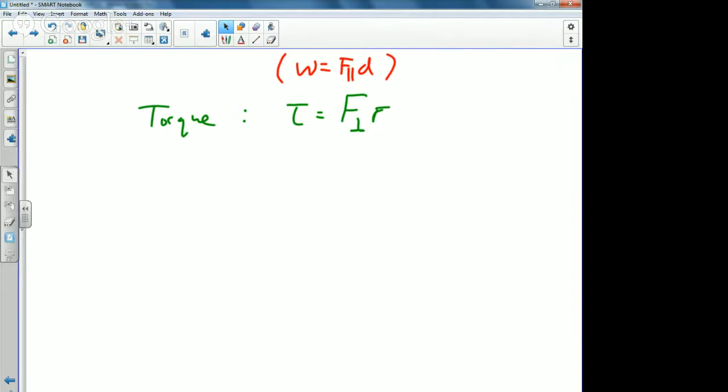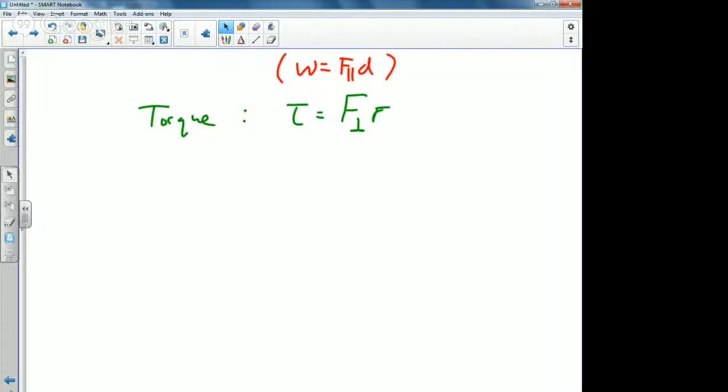Think about that. Here's my door, here's my radius. If I push with a force parallel to the radius, is it really going to rotate at all? No. So whenever it's not perpendicular, you have to find the perpendicular component. Does that make sense? Yeah.